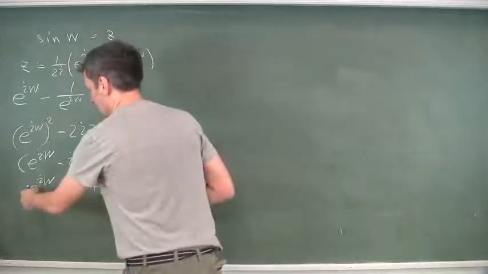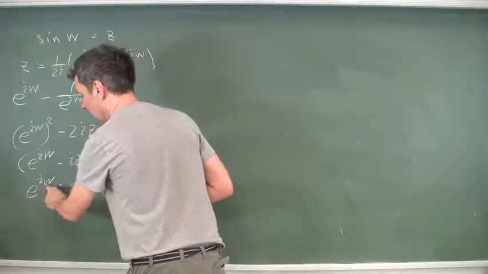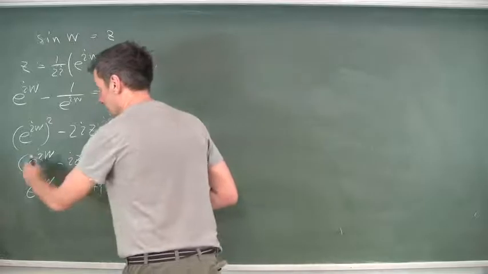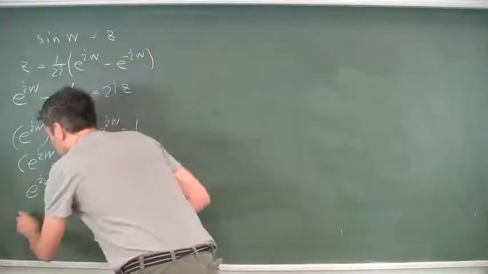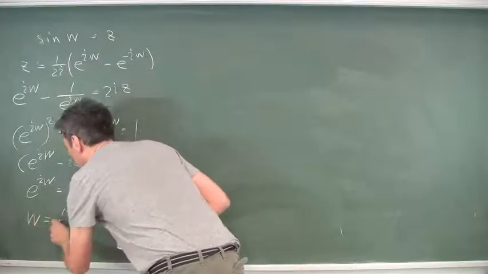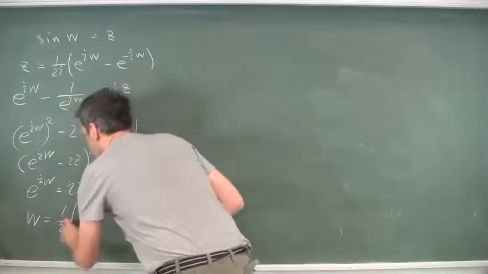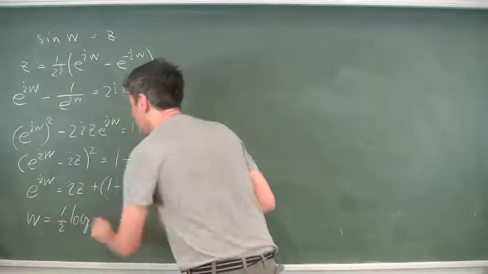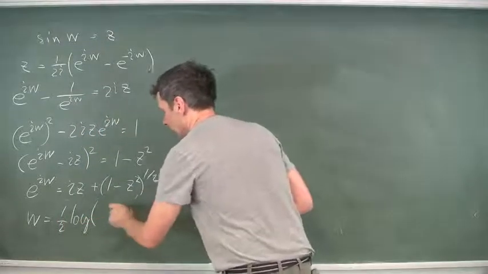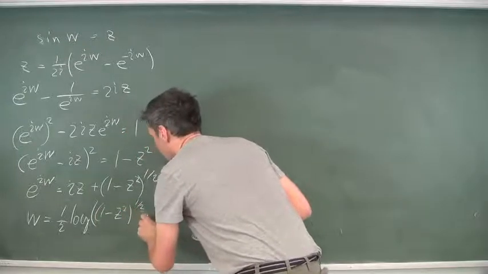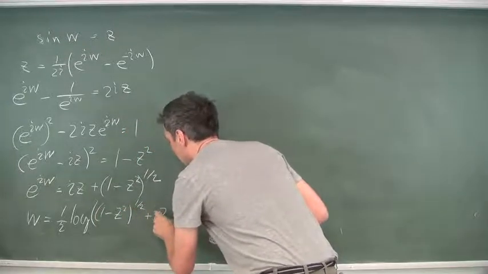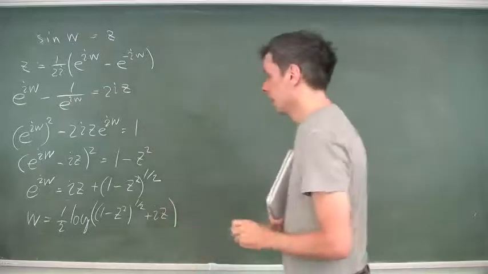And then we can, of course, solve for w by taking logarithms of both sides and dividing by i. So we get that w is equal to 1 over i times the logarithm of, and let's write them in the other order, 1 minus z squared to the power 1/2, plus i times z.